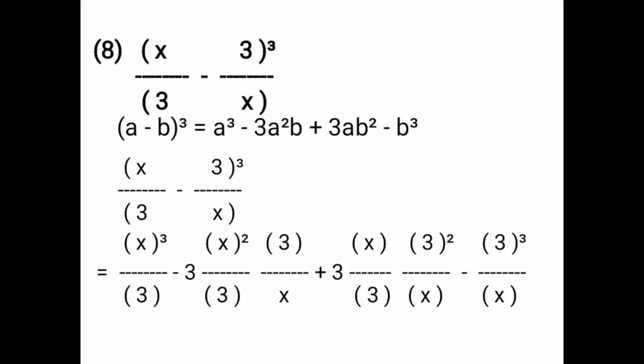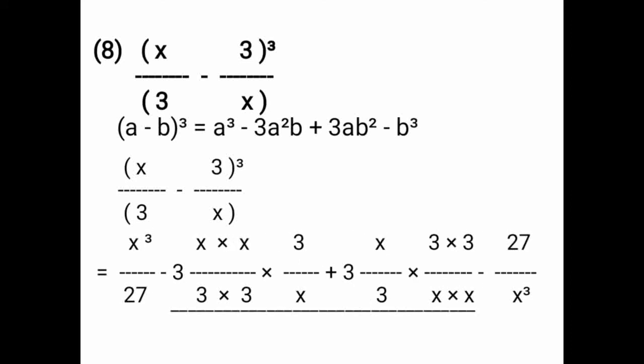After getting the answer a cube minus b cube, minus 3a square b plus 3ab square, this you have to write in multiplication form now. Next step, that is equal to x cube upon 27 minus 3 into x upon 3 into x upon 3 into 3 upon x plus 3 into x upon 3 into 3 upon x into 3 upon x minus 27 upon x cube.